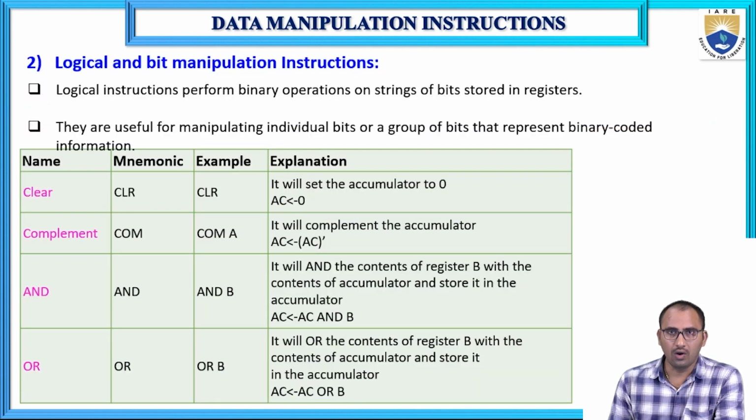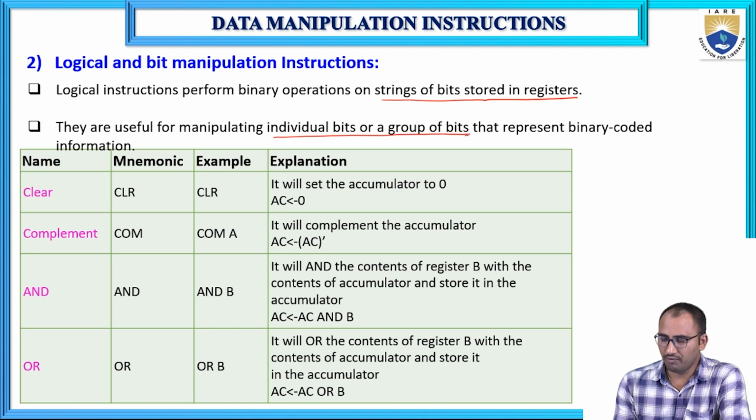And coming to the logical and bit manipulation instructions. These logical instructions perform binary operations on strings of bits stored in the registers. They are useful for manipulating individual bits or groups of bits that represent binary coded information. So these instructions can be performed on single individual bits or on a group of bits also.